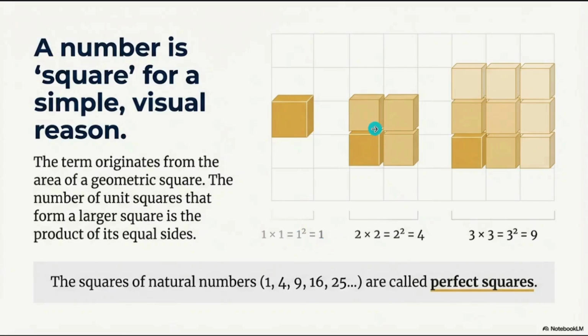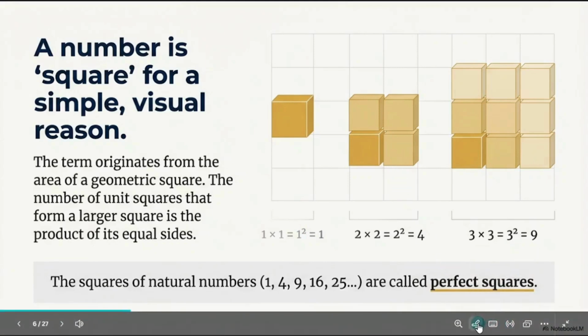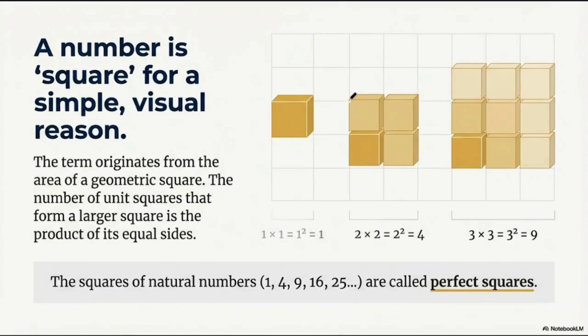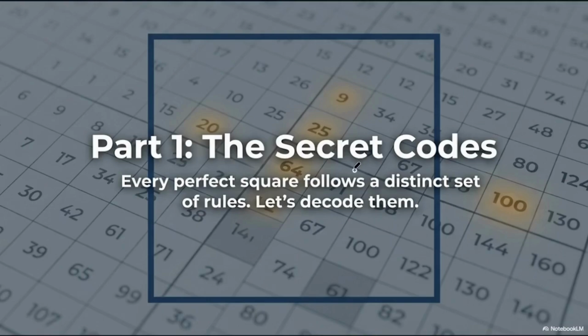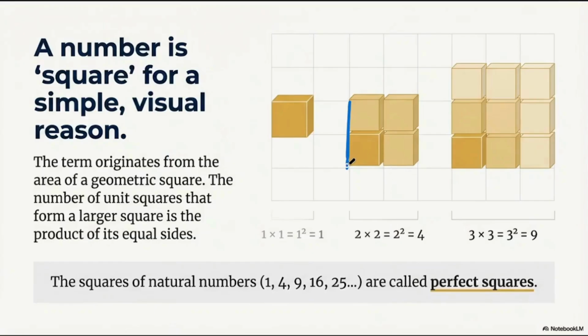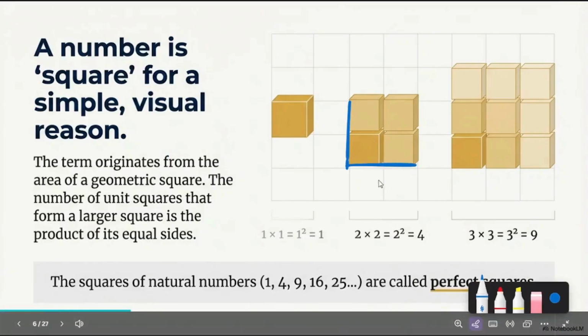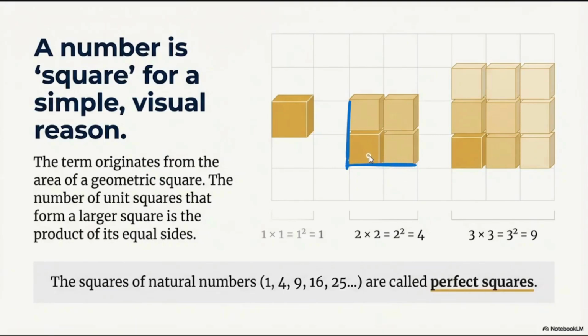For this square, if I want to find the area, here you can see it is 2, and here also it's 2. So it is 2 into 2, that is 2 square, 4.